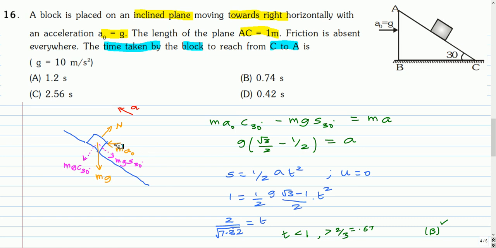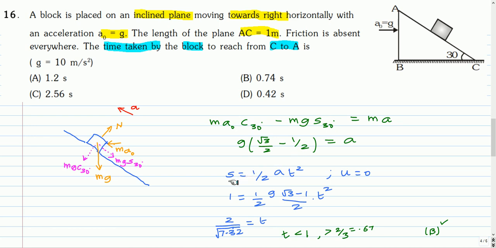So along the inclined plane in the upward direction, the force is m A0 cos theta, that is cos 30, minus mg sin 30, which is the component of the weight. That should be equal to the mass into acceleration. So from this you get the acceleration as this value.